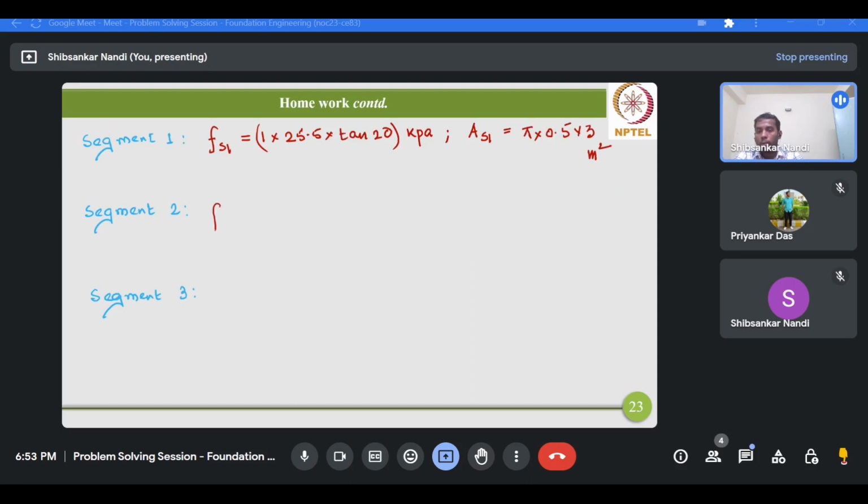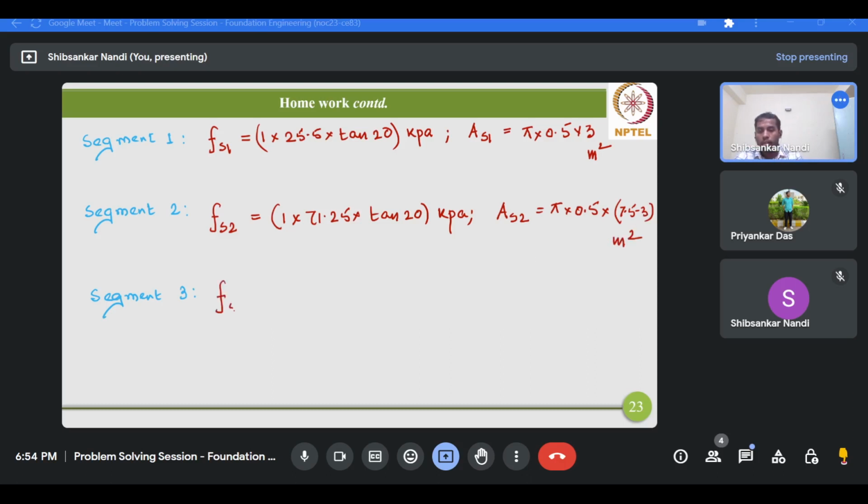Now coming to segment 2, Fs2 you can calculate in a similar fashion. So 1 multiplied by 71.25 into tan 20 kPa, and As2 is pi times 0.5 into 7.5 minus 3 meter square.